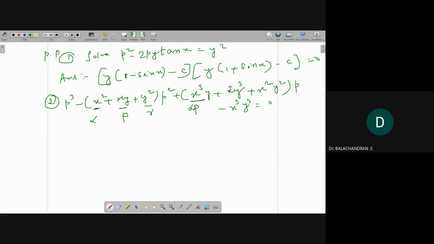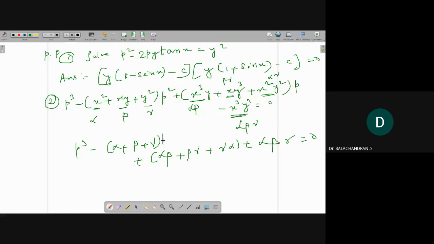This is beta gamma. This is alpha gamma. This is alpha beta gamma. So now this is our form: p cube minus alpha plus beta plus gamma, p square, plus alpha beta plus beta gamma plus gamma alpha, p, minus alpha beta gamma.